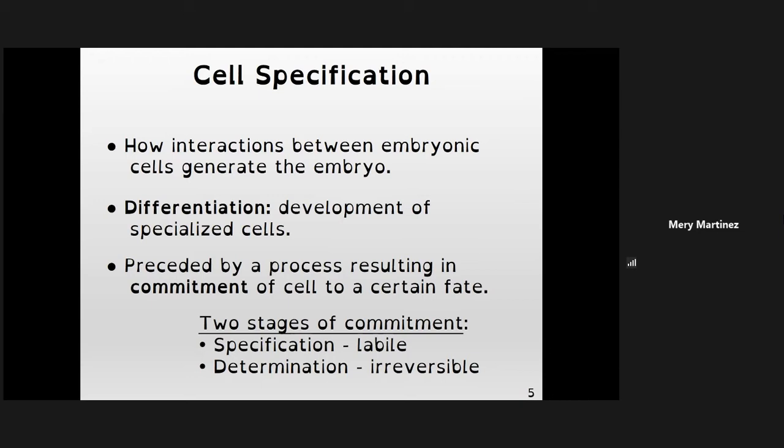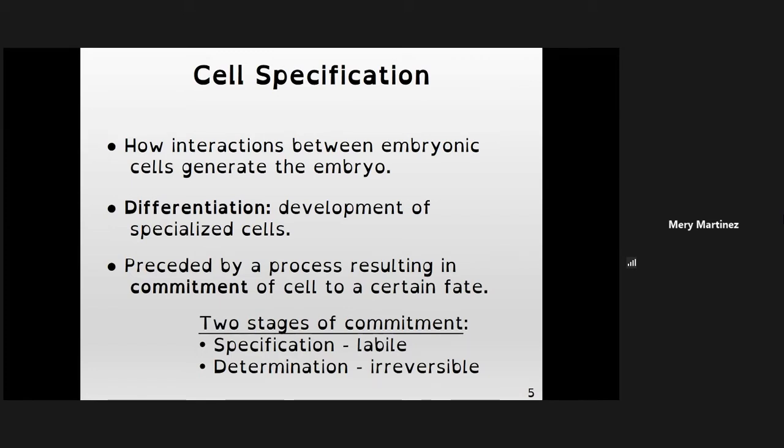Once the cells stop their division process, they will develop specialized structural elements and also will accomplish different functional properties. So by undergoing different changes, the cells start the process of becoming a specific cell type.